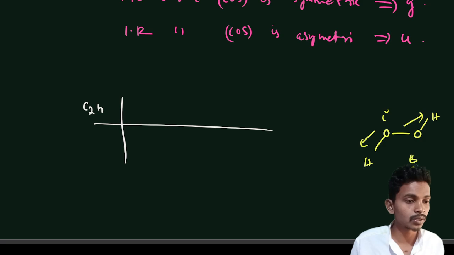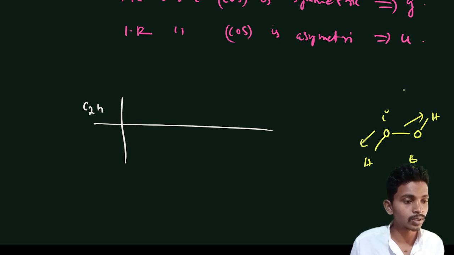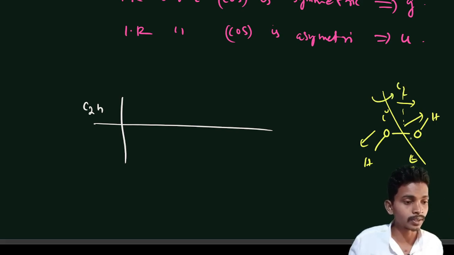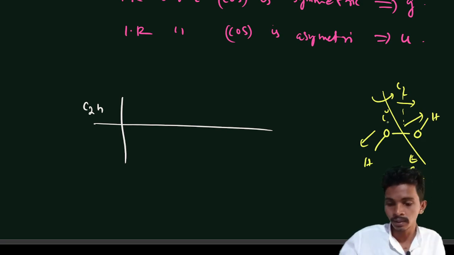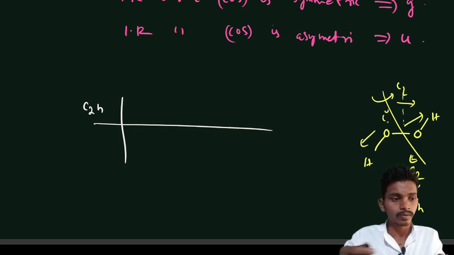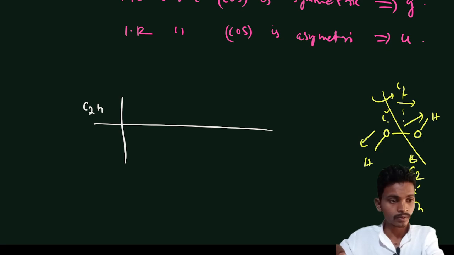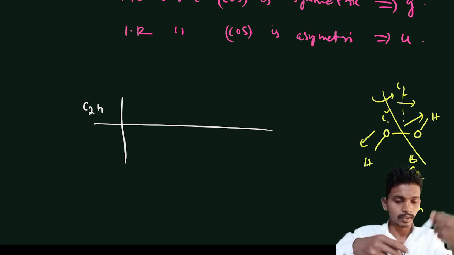and sigma H is also there, because C2 is in this direction, and C2 is here, and the molecule has sigma H also present here. Like we can examine that. This is the molecule, like we can draw. Water is there, one in this direction.